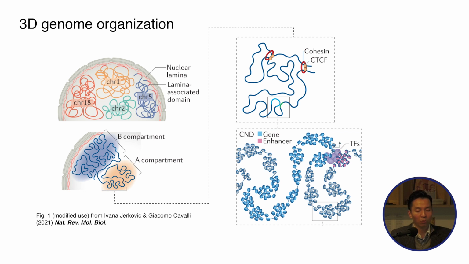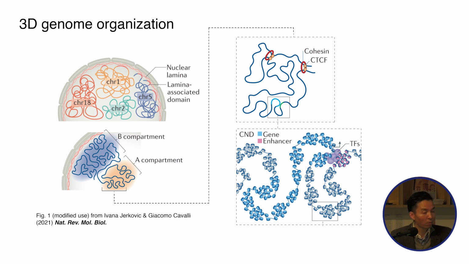we further need to know the multiple layers of 3D genome organization. So as I told, our genome exists like noodles in the cell nucleus, and which forms both non-active and active compartments within the cell nucleus.